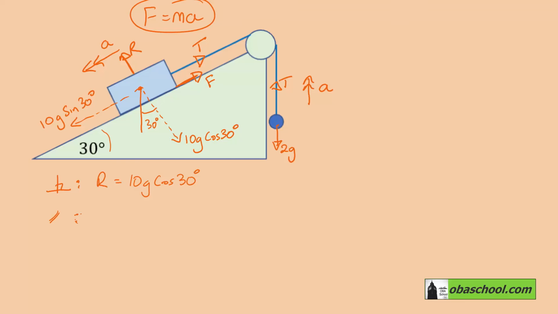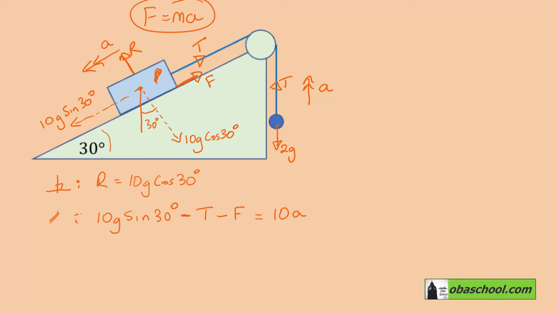Down the slope, we have 10g sine 30. Up the slope, we have T and F. That's the resultant force on this particle. So that is going to be equal to 10a.